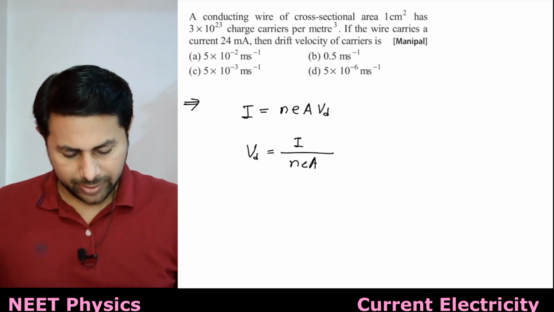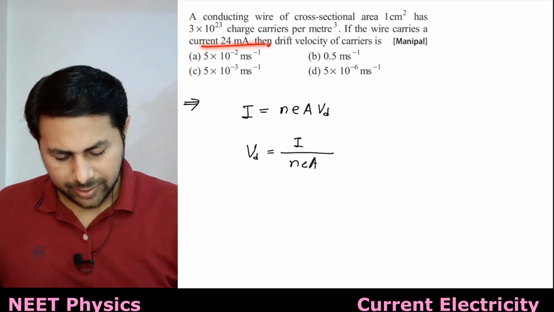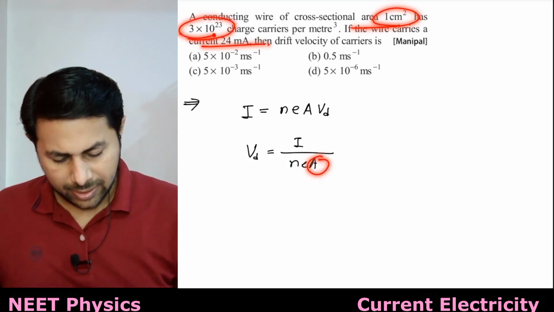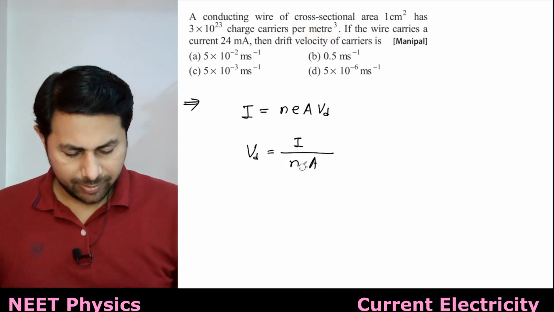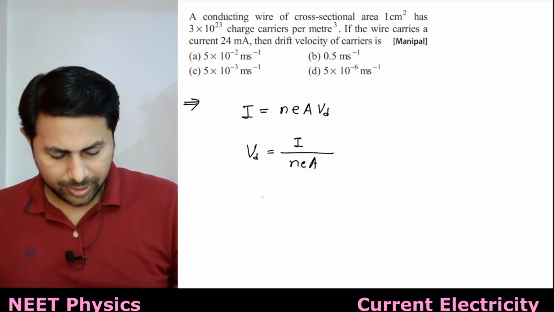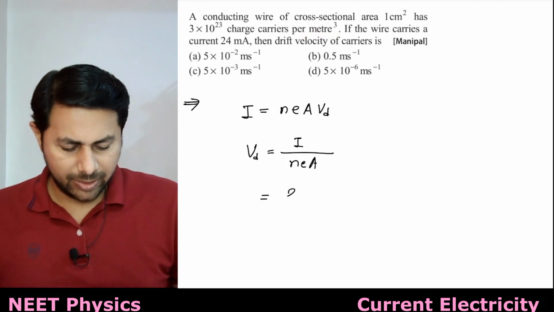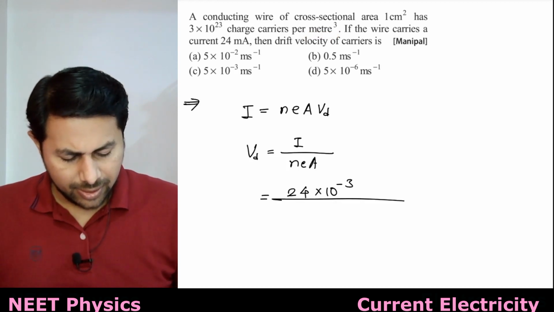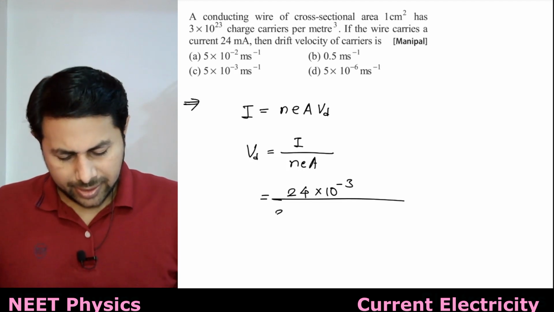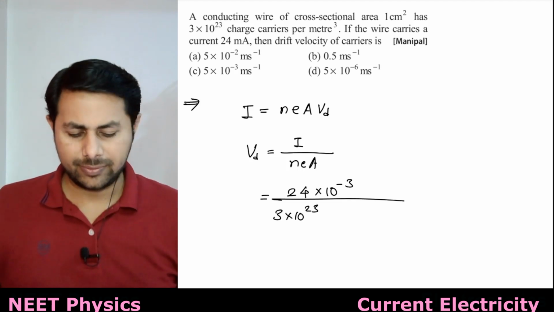Simple question, right? Because current is given, area of cross section is given, and charge carriers per meter cube, that means small n is also given. So just put the values. I is 24 milliamperes, so 24 multiplied by 10 raised to minus 3, divided by n, which is 3 multiplied by 10 raised to 23.